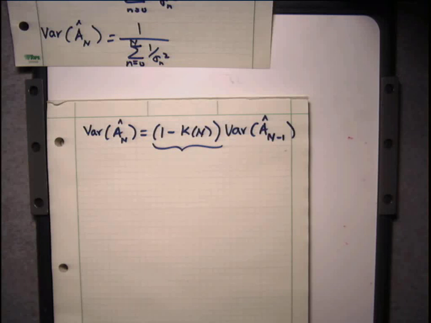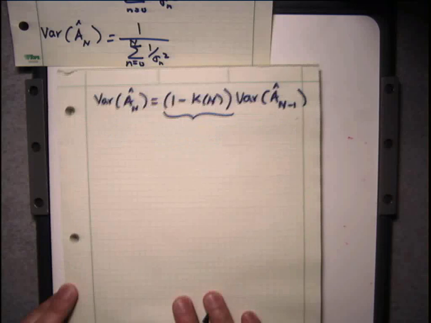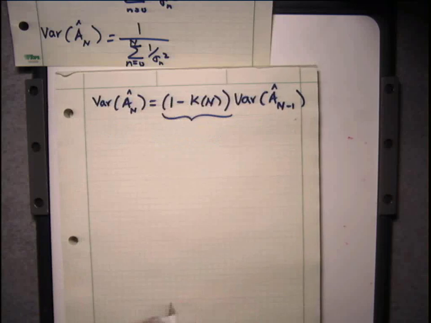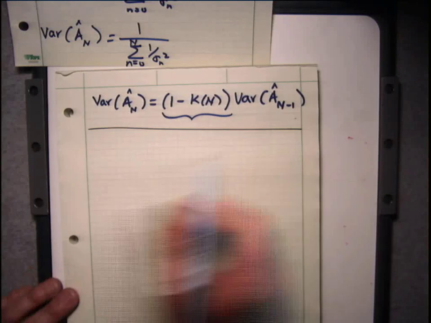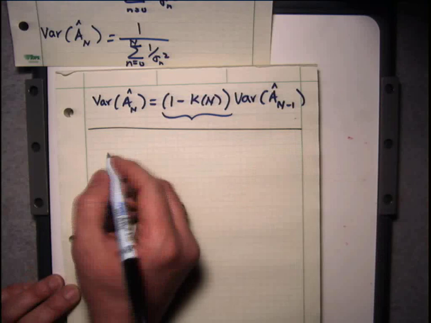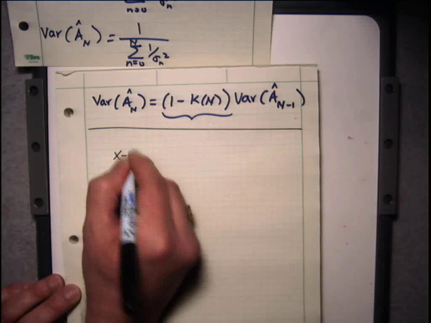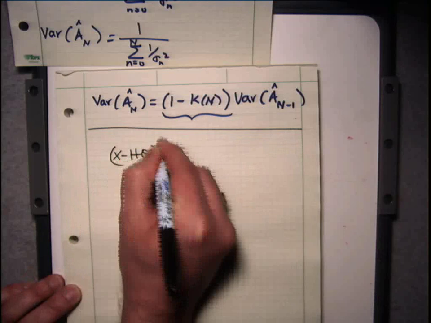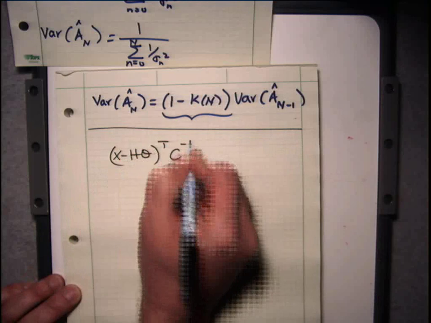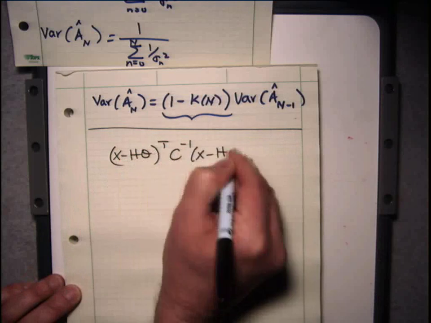What we're going to do next time, since I don't have enough time to set this up now, is consider a very general least squares problem where we think of x minus h theta transpose c inverse x minus h theta.